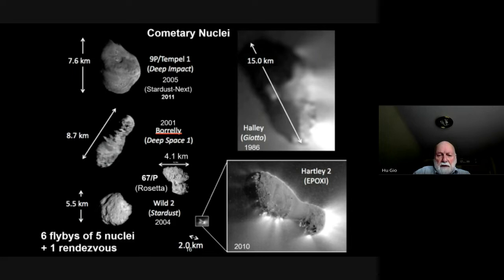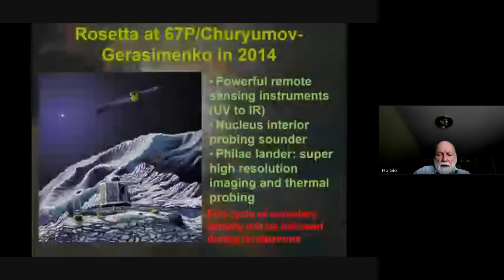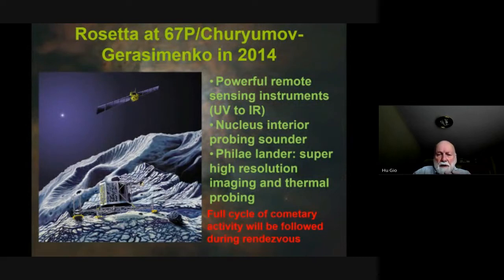And this time we observe the comet not during a flyby for a very short time, but during a rendezvous, which started in 2014. The instrumentation was very powerful, covering the UV to the infrared. We had an instrument to probe the interior of the nucleus. We had a lander for super high resolution imaging and thermal probing of the surface.